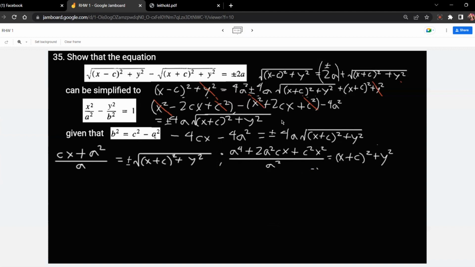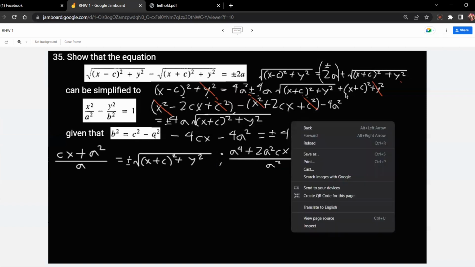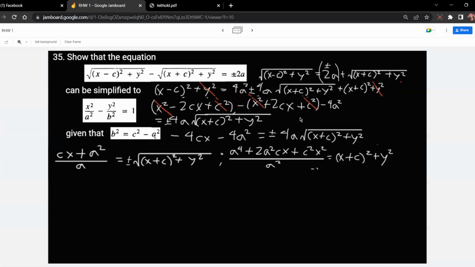Now, c squared minus a squared is equal to negative b squared over a squared.